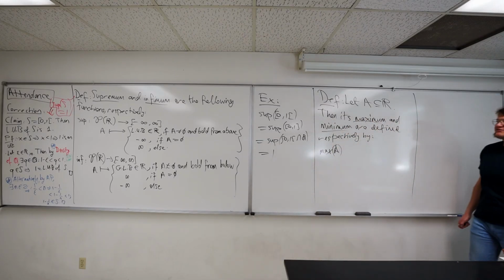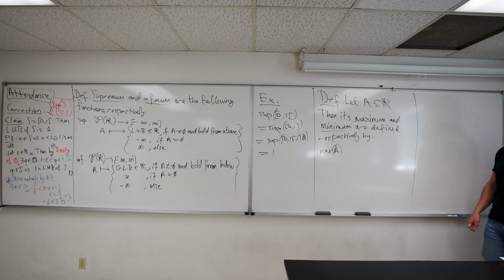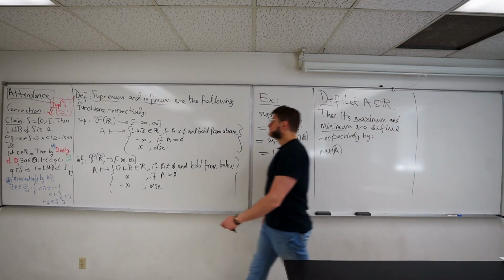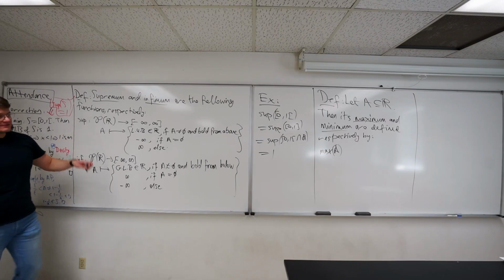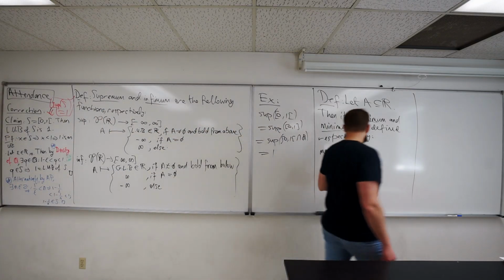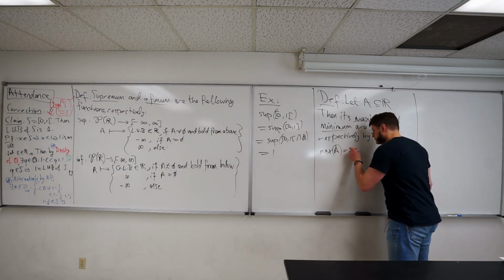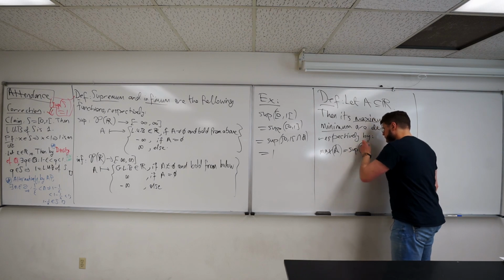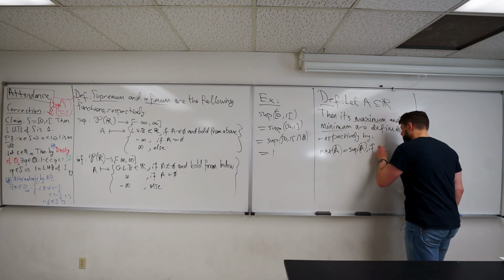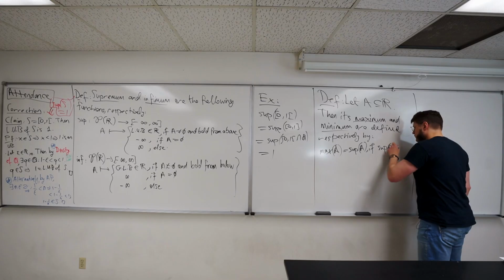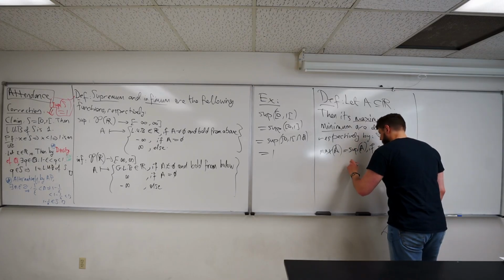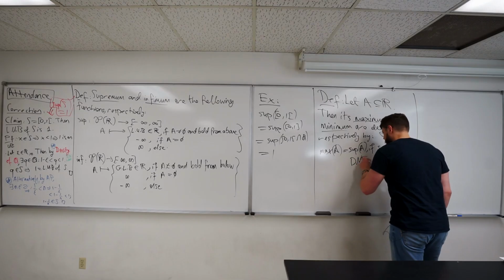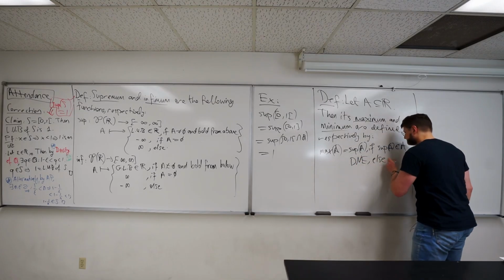I'm going to define the max of A to be the same thing as the sup of A, insofar as the sup of A is a point in A. And otherwise, this is not a defined expression. It does not exist otherwise.